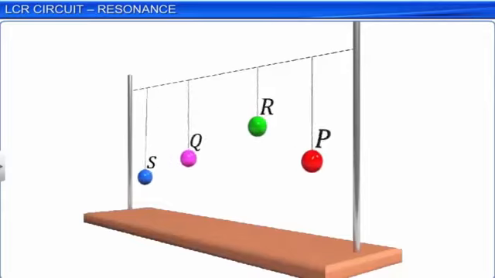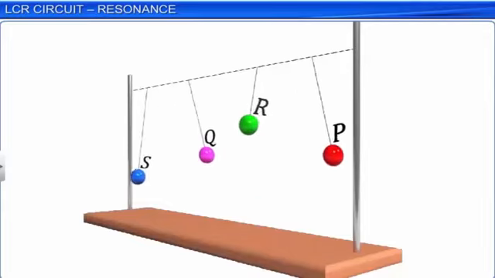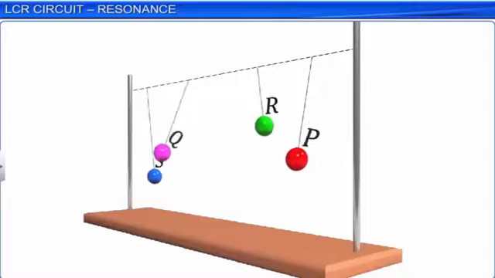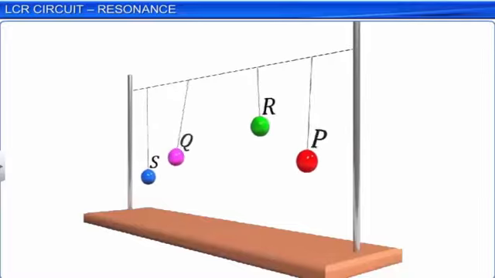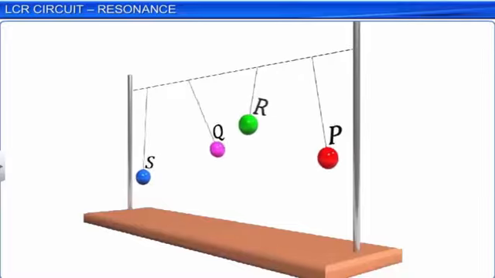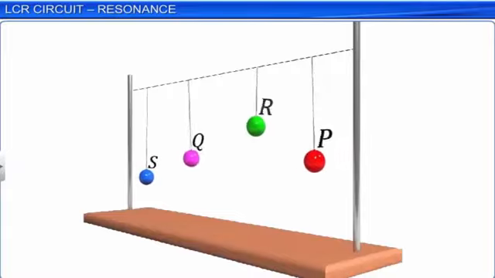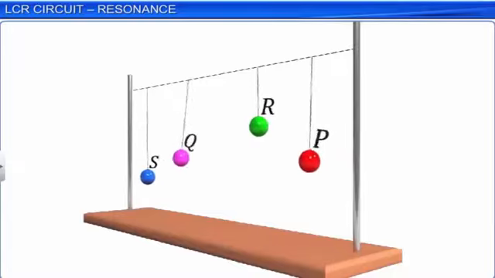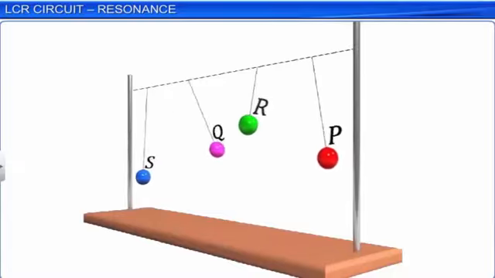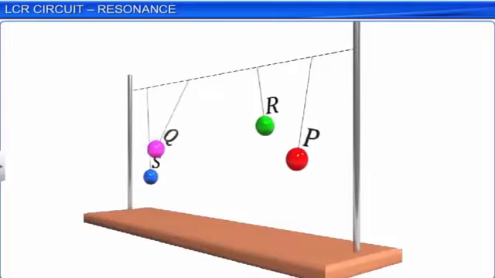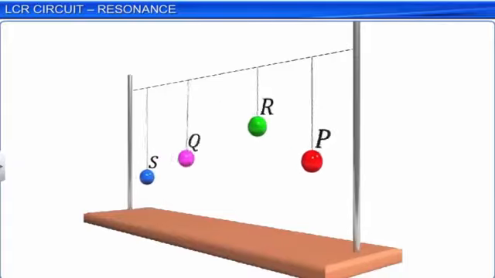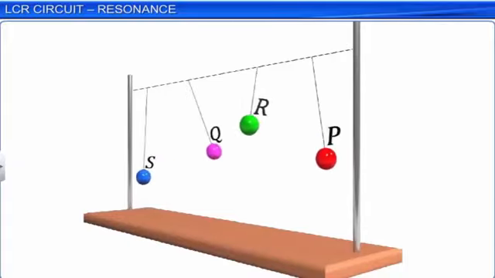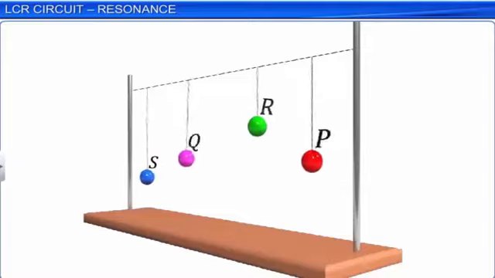Here, the oscillation is due to an external force, which is from the pendulum P. Out of the three pendulums Q, R and S, the length of pendulum Q is equal to that of pendulum P. Hence, the natural frequencies of these two pendulums are equal, and this gives rise to the situation where the pendulum Q oscillates with increasing amplitude due to resonance.